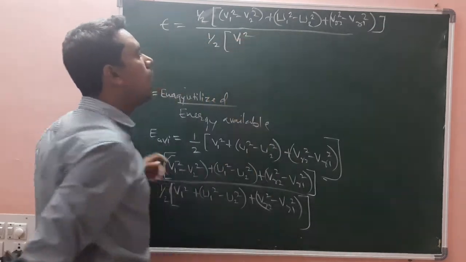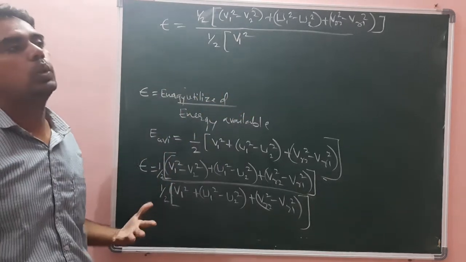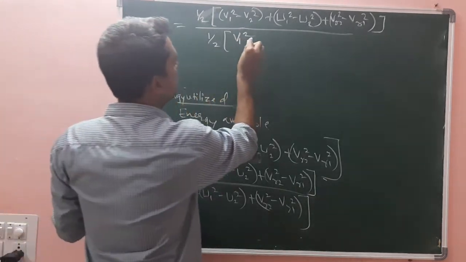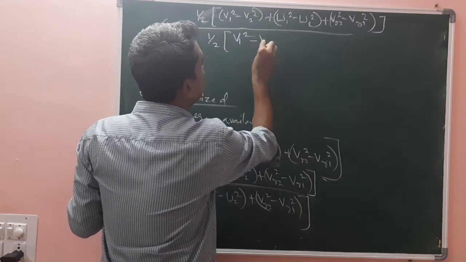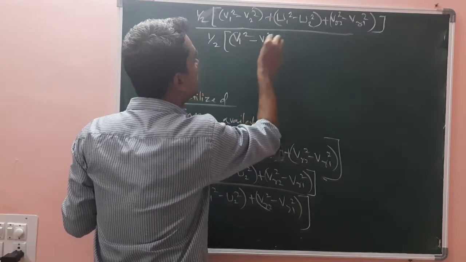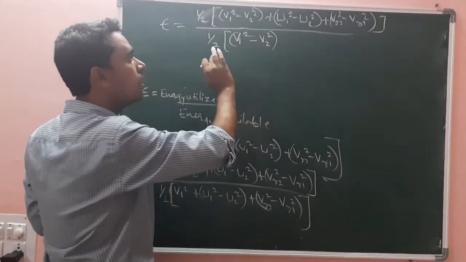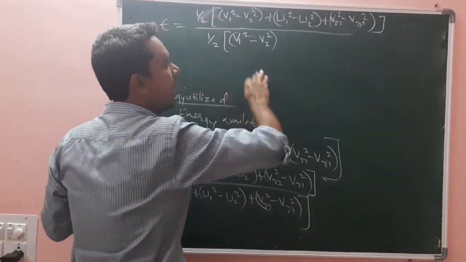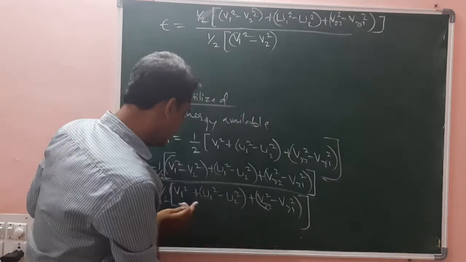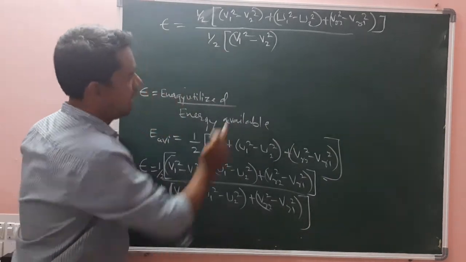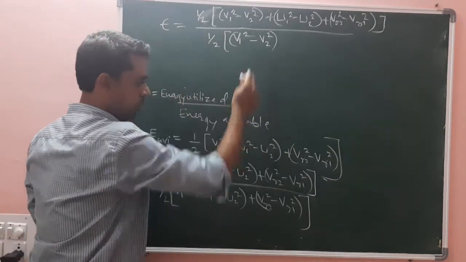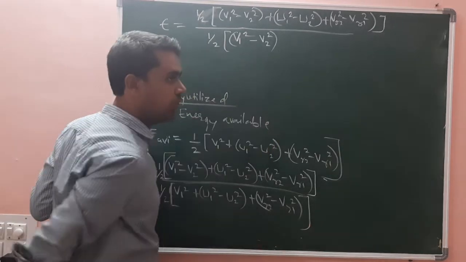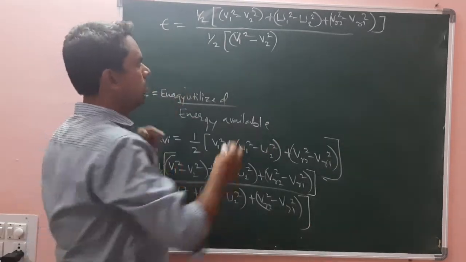I will subtract phi2 and add phi2 also. I will subtract 1 by 2 phi2 square, and at the end I will add 1 by 2 phi2 square. Then the value will not change.